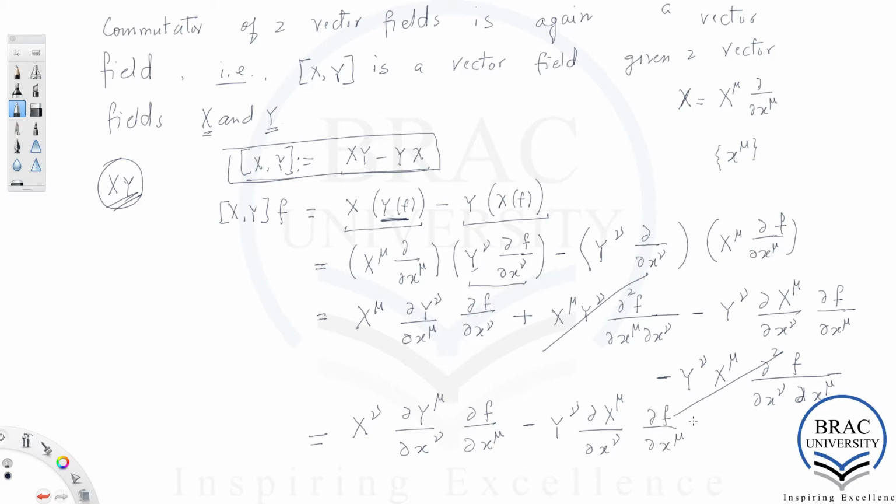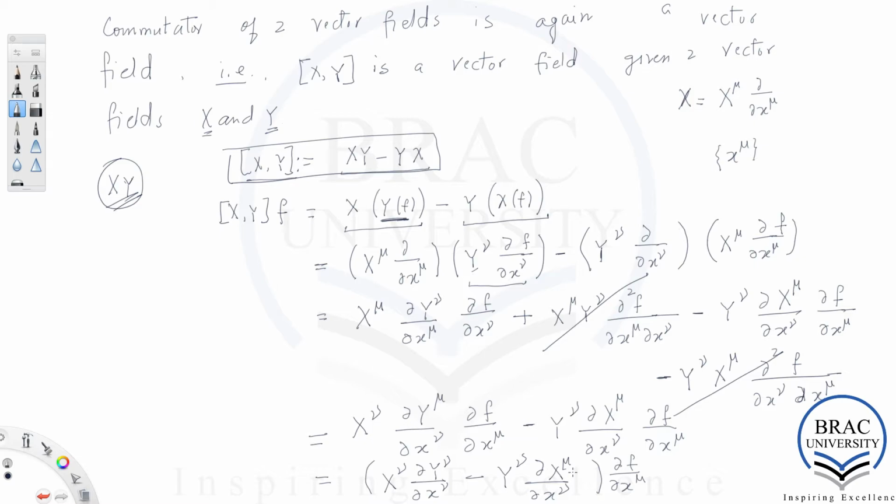So from here we see that we just factor out ∂f/∂x^mu to obtain here x^nu ∂y^mu/∂x^nu minus y^nu ∂x^mu/∂x^nu, right?